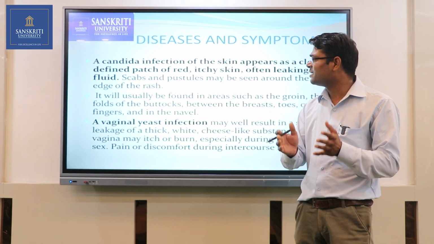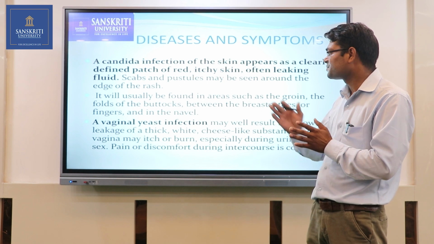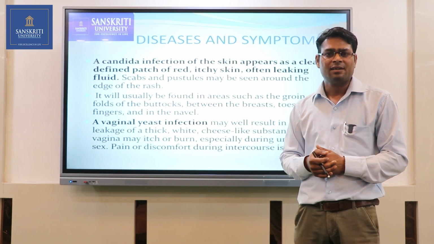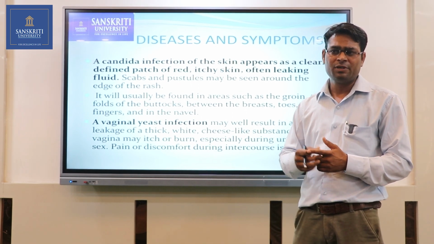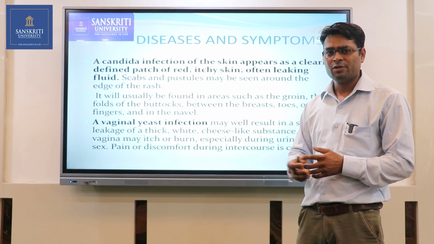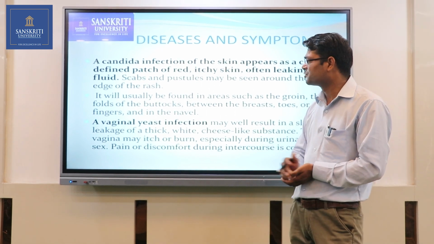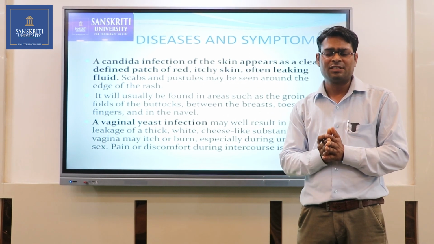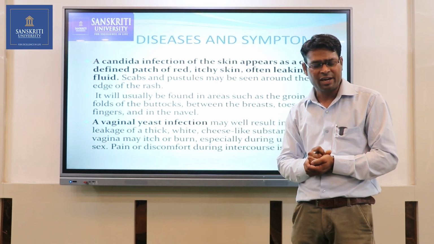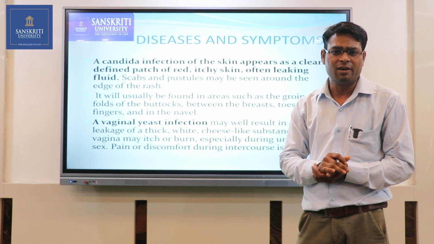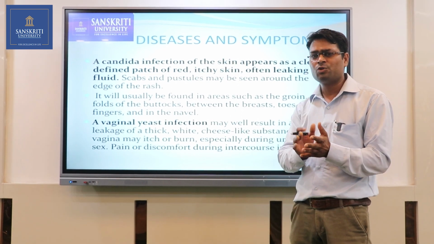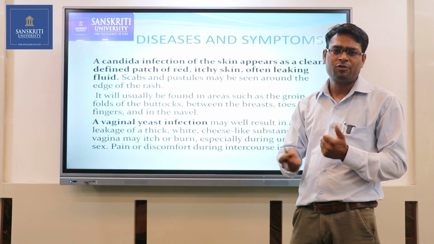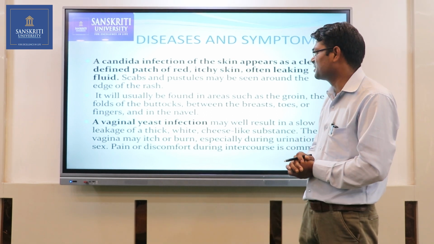And what are the symptoms of this disease? In Candida infections, different types of patches can be seen on the superficial layer. As I told you, it is a superficial type of infection also. So the symptoms on the skin can be observed as red, itchy skin, often leaking fluids. Sometimes, due to Candida albicans infections, boils develop on the infected area, and in some cases fluid comes out from these boil-like structures.